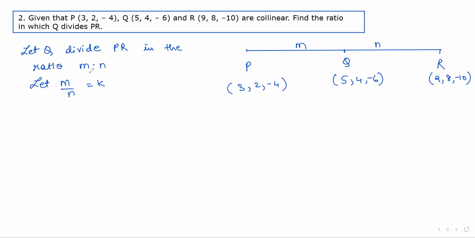Now, if Q is dividing PR in the ratio m:n, this can be written as m upon n, which can further be written as m by n whole upon 1, or k upon 1, or k is to 1. So instead of mentioning the ratio m is to n, we will mention it as k is to 1. We'll get the value of k, and whatever fraction we get, that is m upon n. So instead of writing m is to n, we can write it k is to 1. Now solving this.